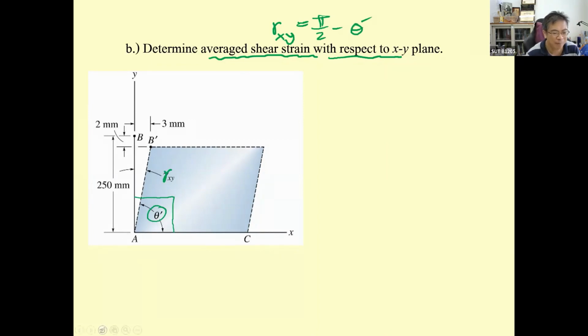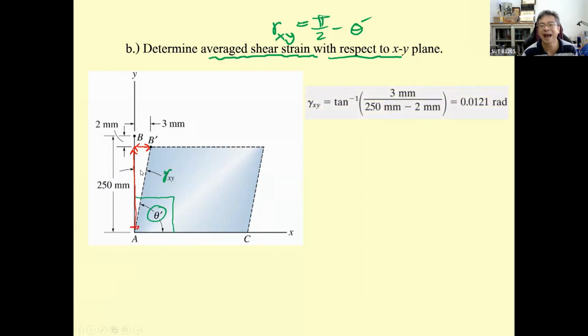Now we come over here. This is going to be 3 millimeter, and this is going to be 248. So we can determine this angle directly to be 3 divided by 248. And again, you've got to change your calculator into radian to get the answer correctly.